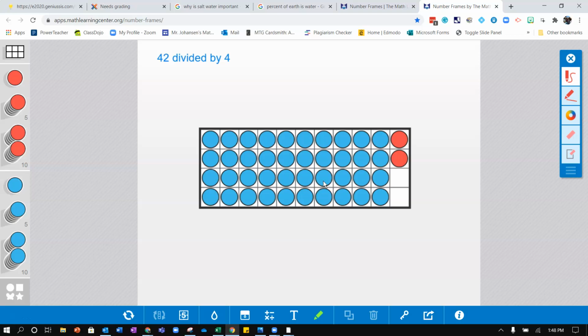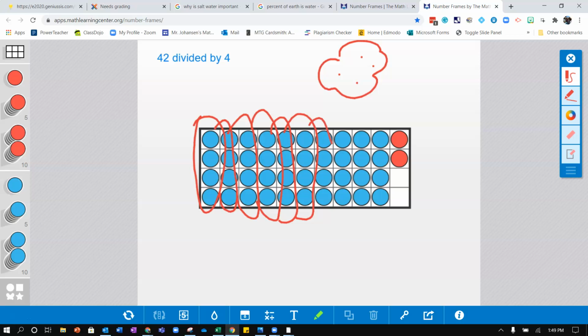I'll let you pause the video while you think about that. So I'm going to have a lily pad, some kind of lily pad, and there's going to be 4 frogs on each one. How many of these lily pads do I need to purchase so that I can get all my frogs a home on a lily pad?